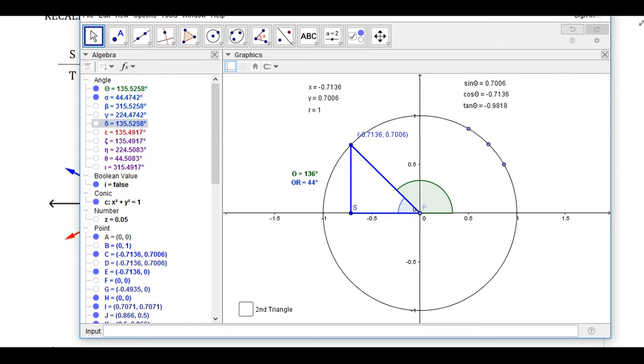But then my actual angle is the green one. So it's like 90 and then more, 45 more, or 180 minus 45. So it should actually be 135. Let's see if I can get it right on there. There we go, 135.